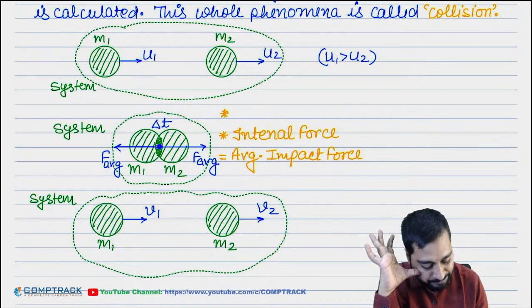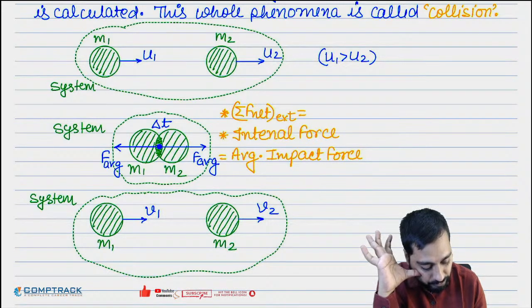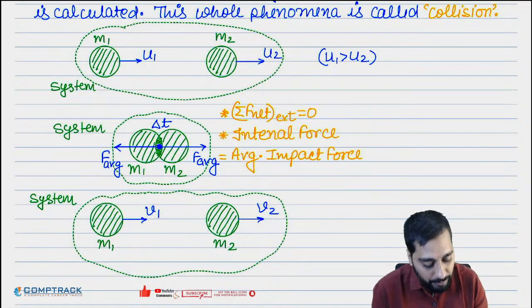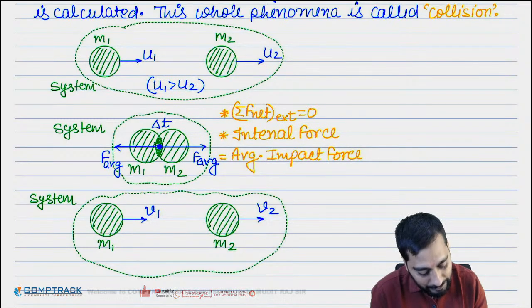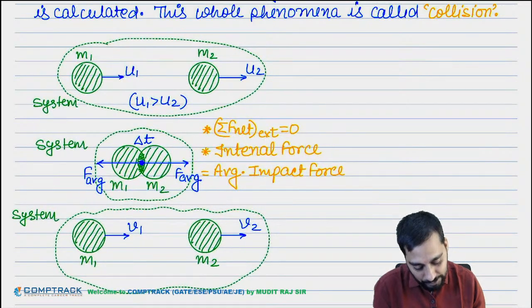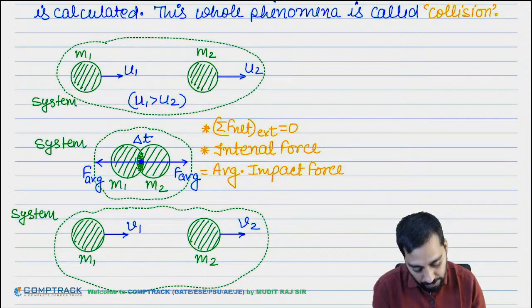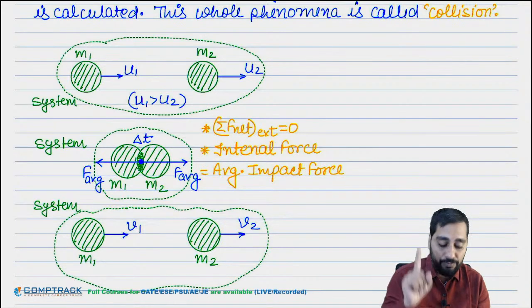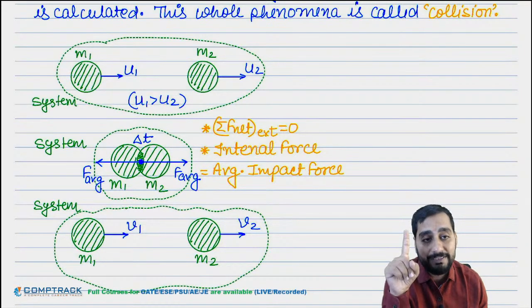So here the net external force will actually be 0. No external force is there. So we can conserve the linear momentum of the system. Yes or no? We can apply the linear momentum conservation equation for the whole system, not for a single body.